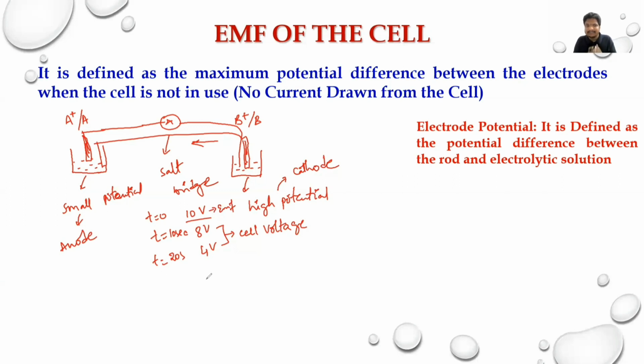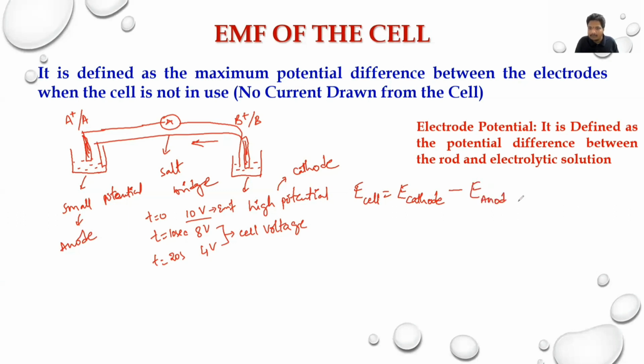The EMF of the cell, that is E cell, can be calculated as the potential of the highest potential electrode minus the lowest potential electrode. That means the potential of the cathode, which has the highest electrode potential, minus the potential of the anode.